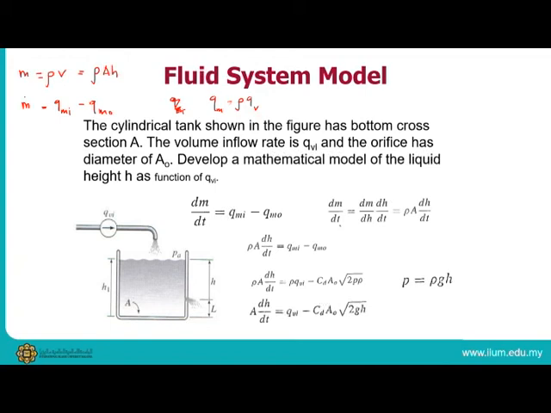So basically you can insert here rho Qvi minus rho Qvo. So this is equation 1. This is equation number 2. Then dm over dh, you differentiate this one, you can get rho A. Let's say this is equation 1.